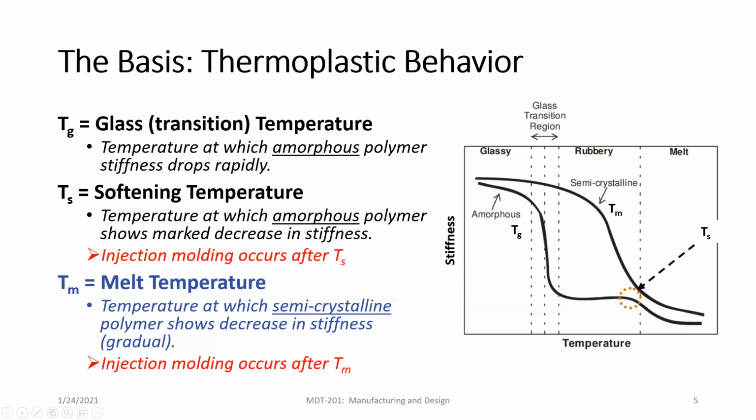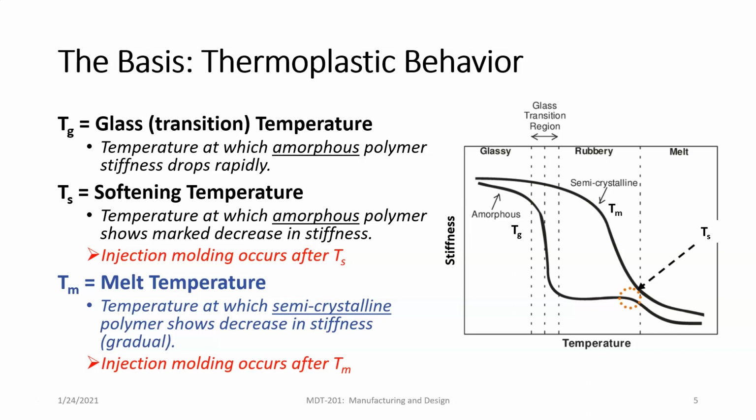With an amorphous thermoplastic, it's going to melt like frozen butter. All right. That is to say, it's going to melt very quickly, and it's going to go from a solid straight down into where this is called a rubbery material.